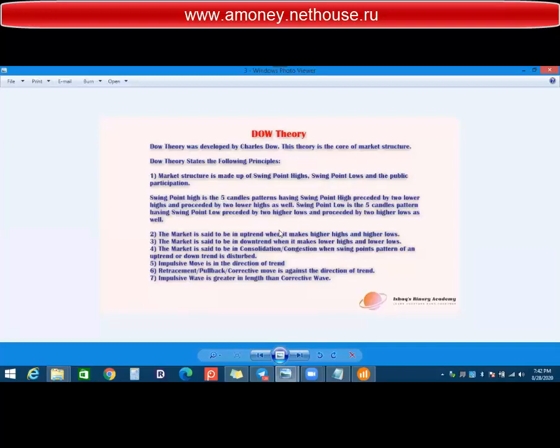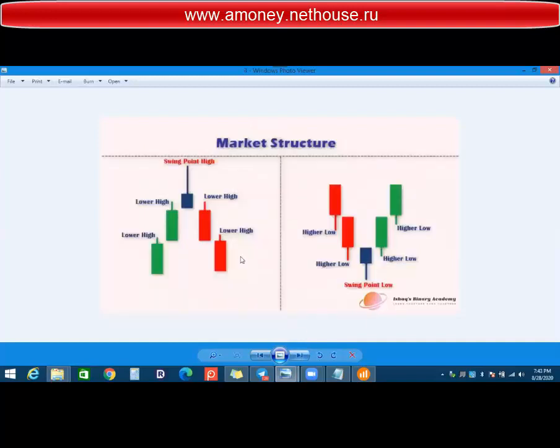Dow suggests that the market makes a sequence, and this sequence is made by public participation. In this chart, you see that the market is making a sequence.